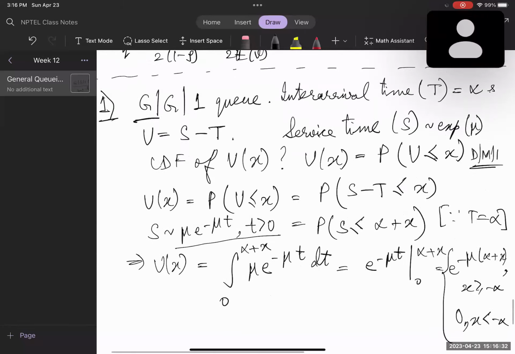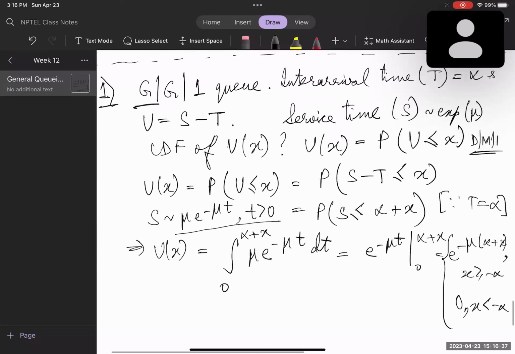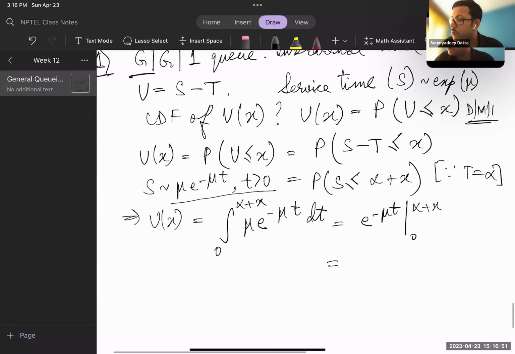Yes, sir, it is clear to me. Okay. When we solve the integral, we have to put the lower limit as well, na? Yes. Oh, right. You are right. I have made a mistake here. One second. So if I integrate this, it will probably be minus e to the power minus mu t, and I've actually missed the lower limit.